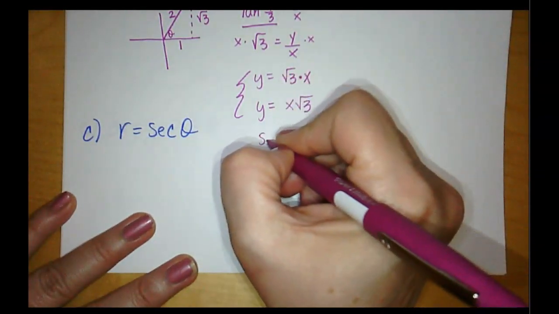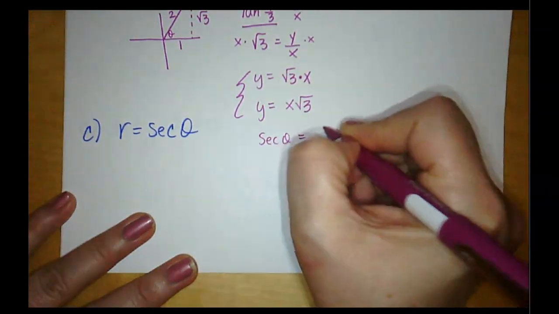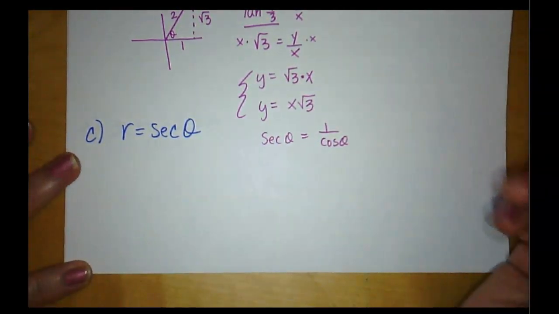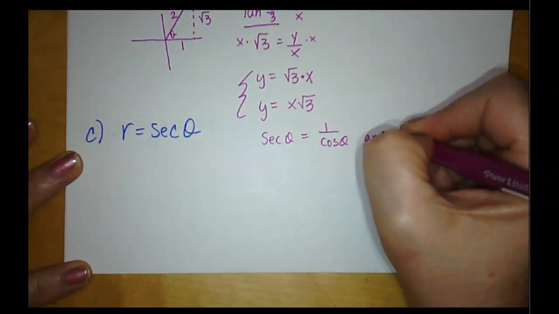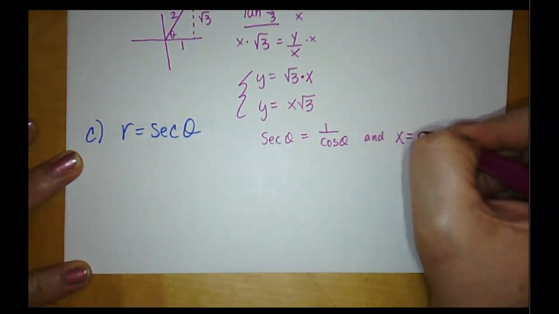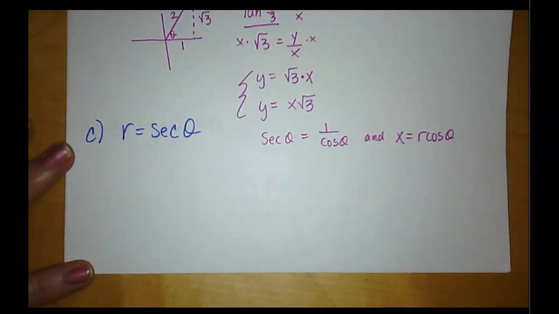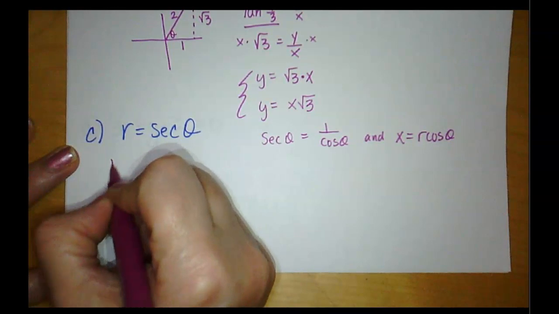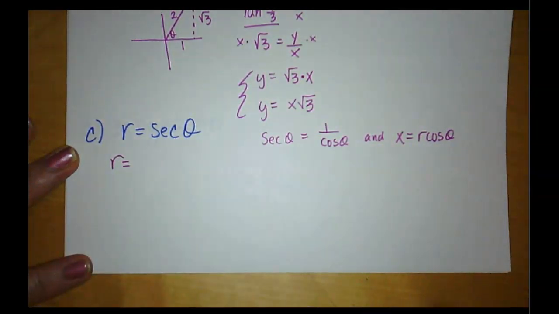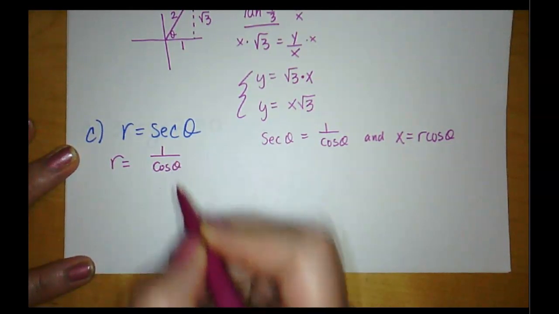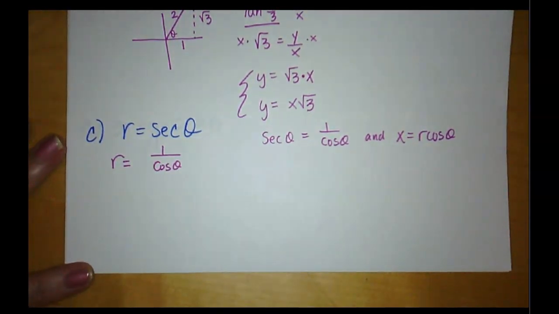So I'm going to remember that secant of theta equals 1 over cosine of theta. And so by using that fact and x equals r cosine theta, I think I can get pretty much everything I need for this problem. So first off, I'm going to rewrite it. Instead of saying secant of theta, I'm going to say 1 over cosine of theta.